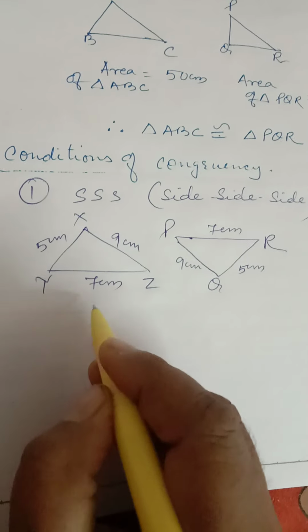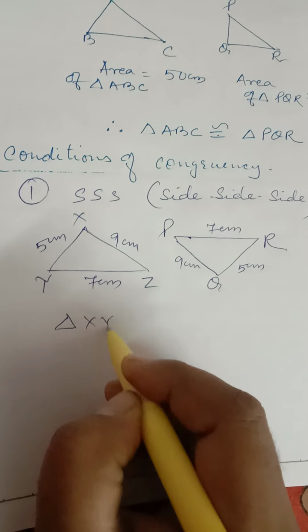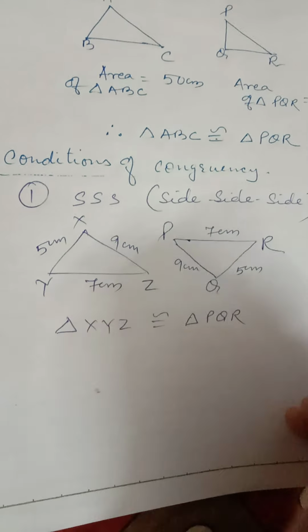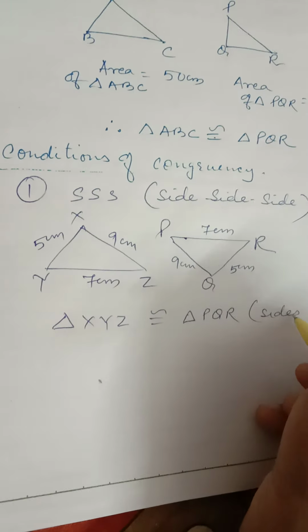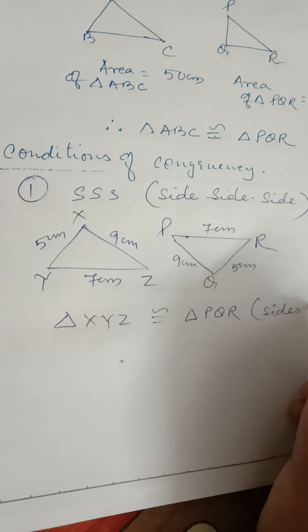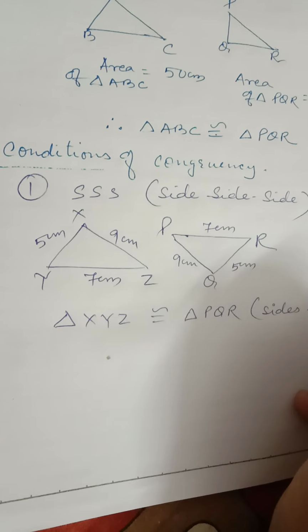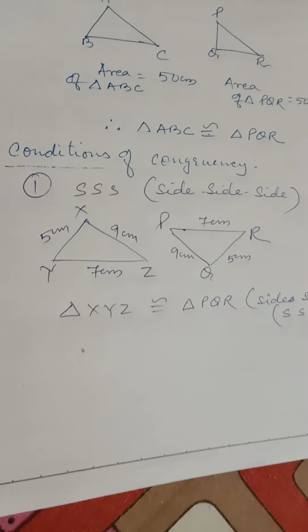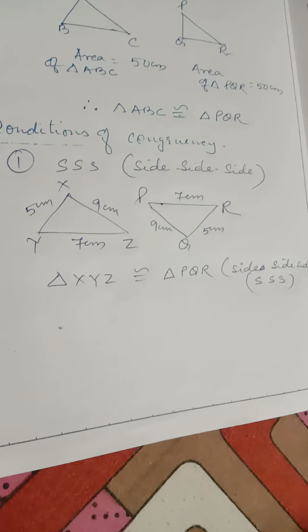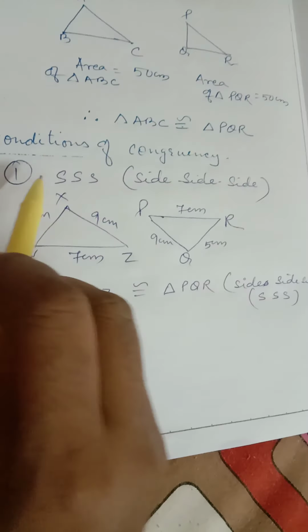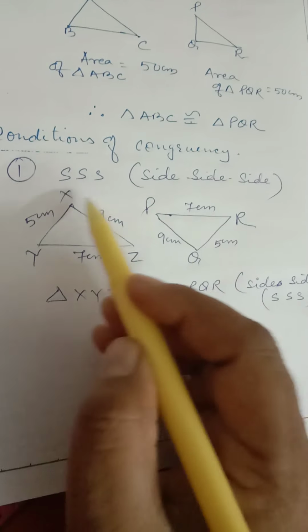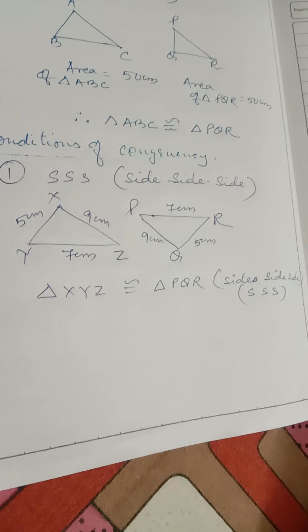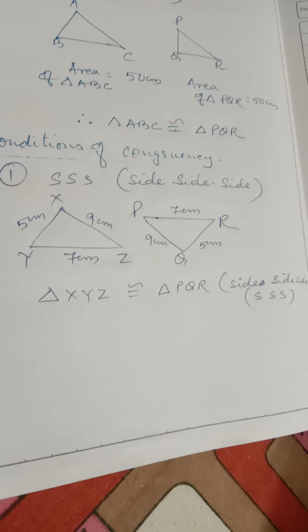So triangle XYZ is congruent to triangle PQR when three sides of the triangles are equal, side, side, side, or you can write SSS congruency condition. This is the first congruency condition, which says when the three sides of two different triangles are equal, then they are said to be congruent.